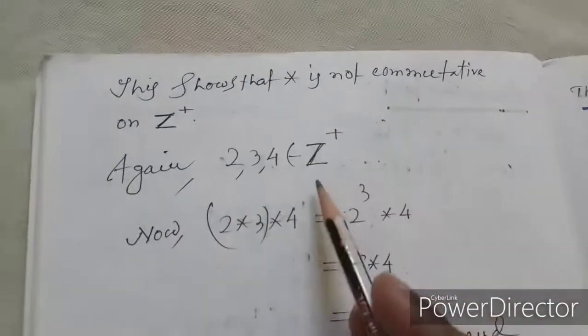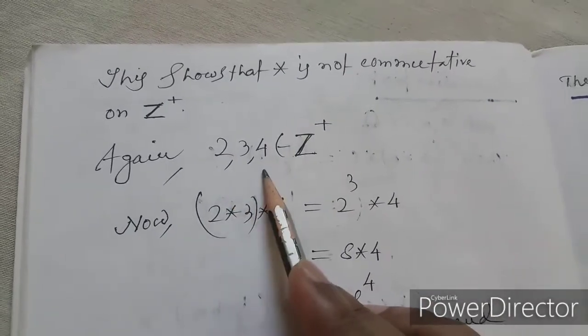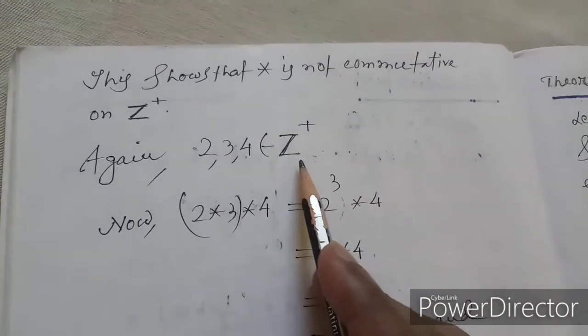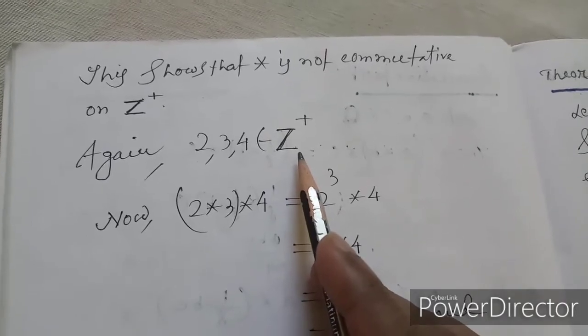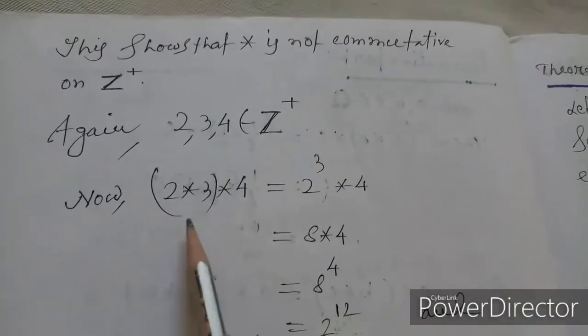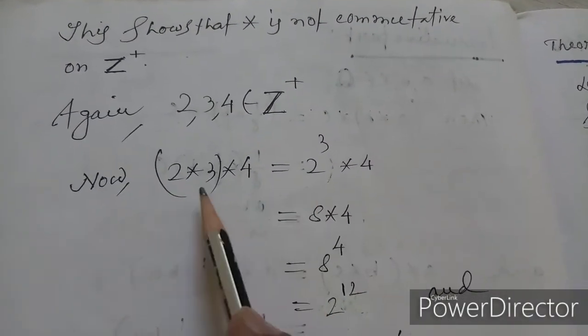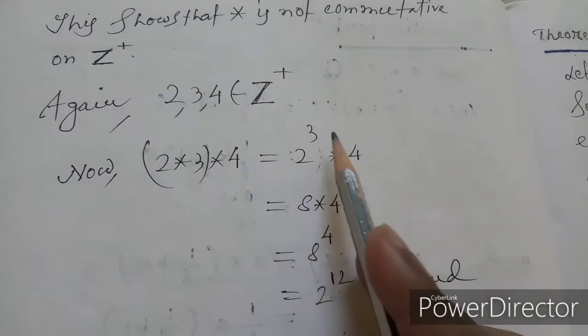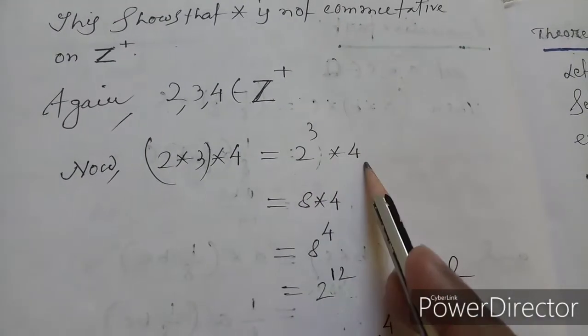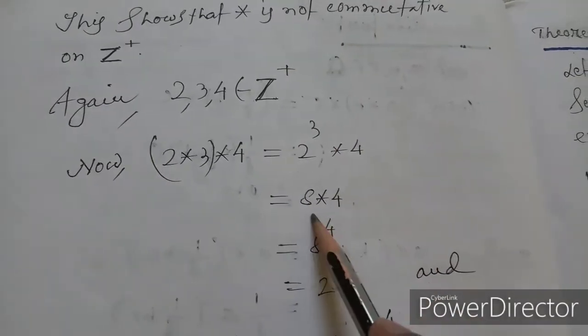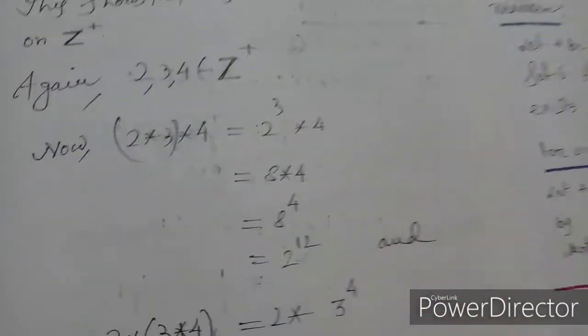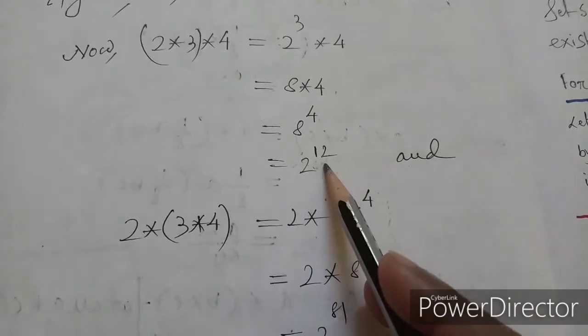So again, 2, 3, 4 belong to Z plus, obviously all three are positive integers. Now (2 star 3) star 4: 2 star 3 means 2 to the power 3, which is 8, and 8 star 4 means 8 to the power 4, that is equal to 2 to the power 12.